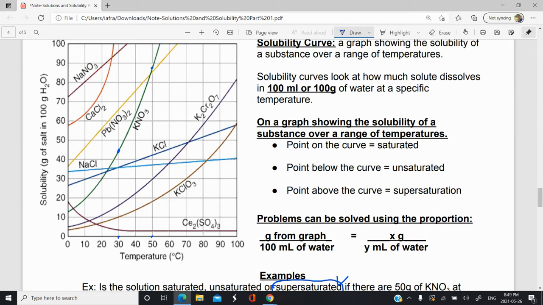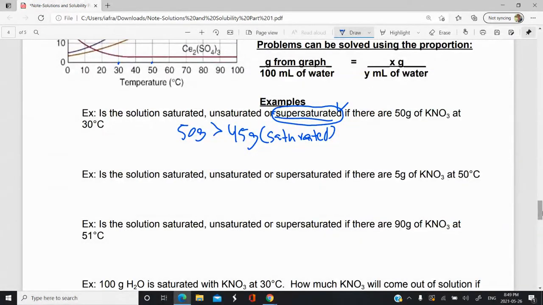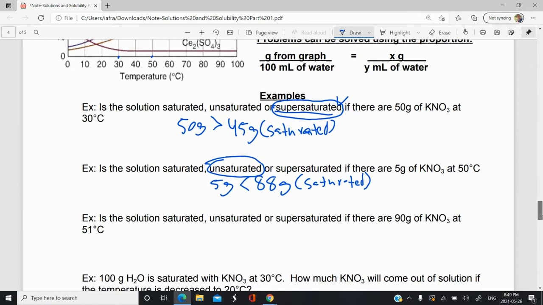It looks like we're at about 88 grams for saturated. 5 grams is less than 88 grams, less than the saturated. So this means that we are unsaturated. You could fit a lot more at that temperature if you only have 5 grams in there. You're not even close to saturated at that point.